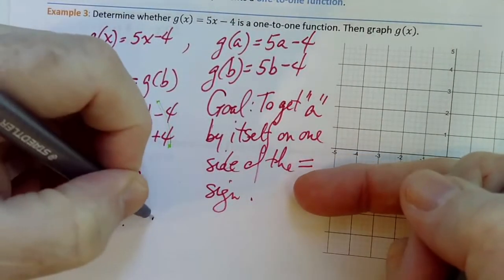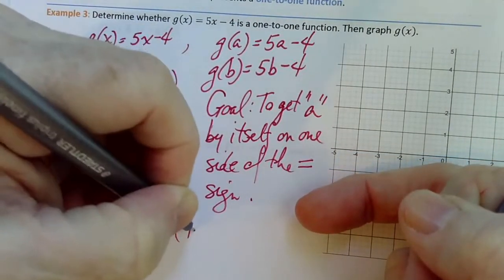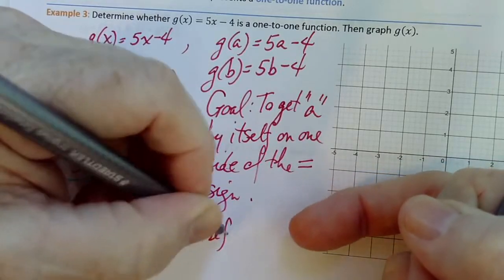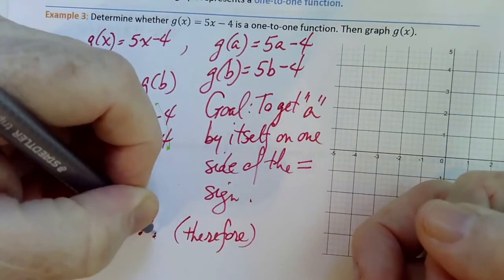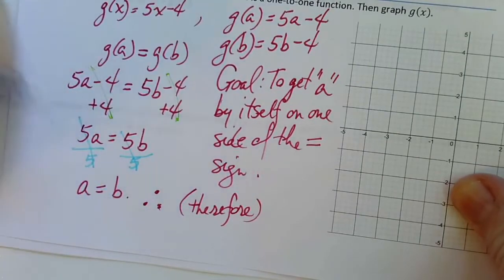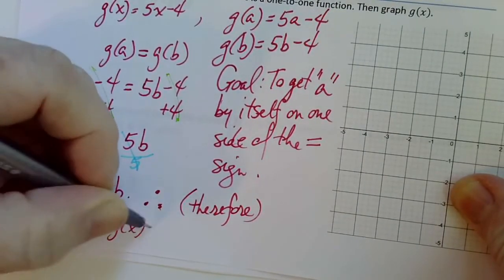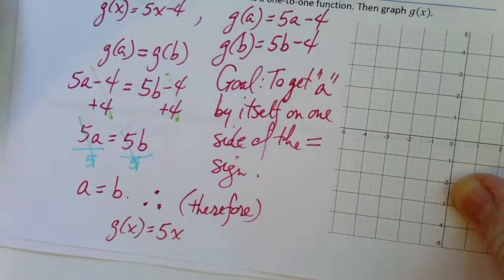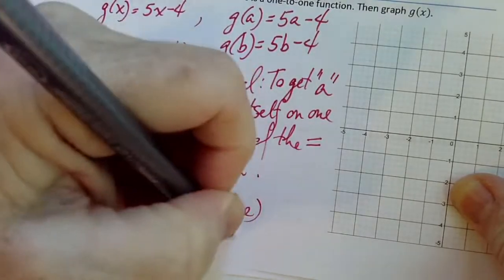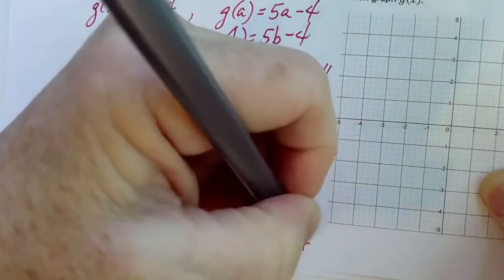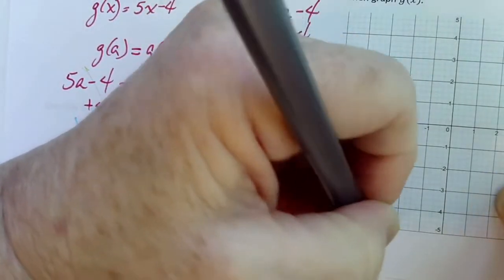So therefore, g of x equals 5x minus 4 is a 1-to-1 function.